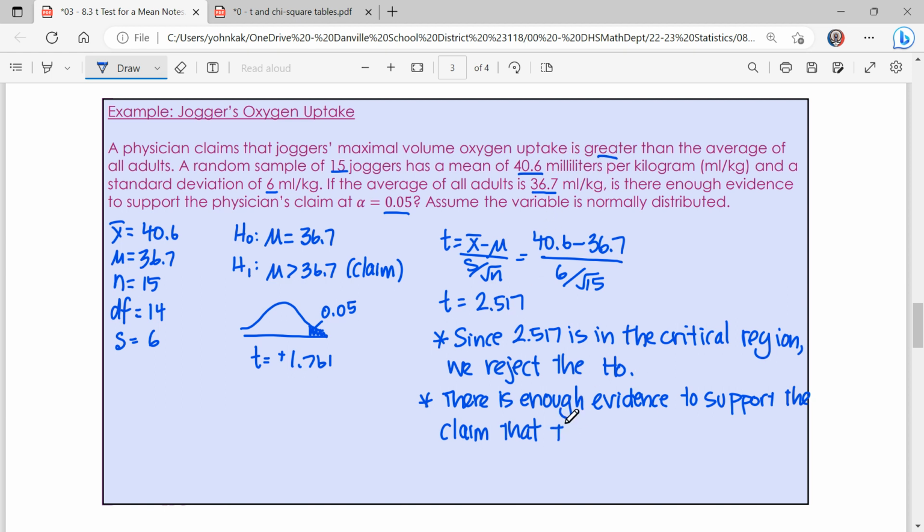The claim that the mean is greater than 36.7, we'll go ahead and throw in milliliters per kilogram. So to answer the question, is there enough evidence to support the claim? And the answer is yes.